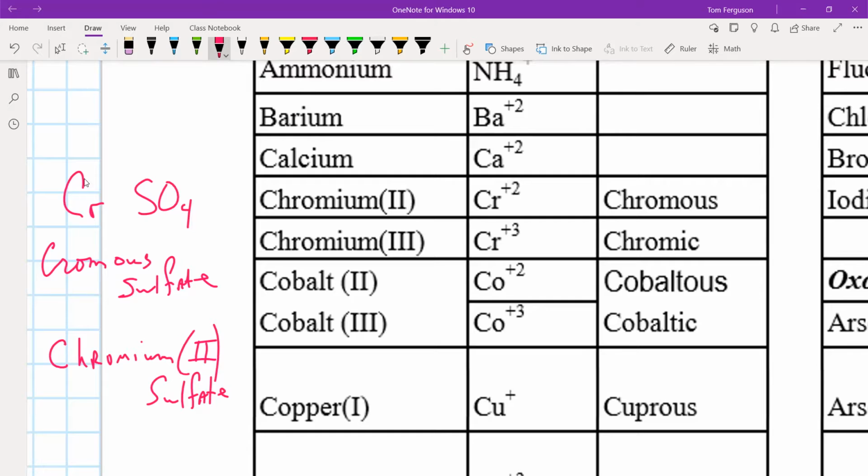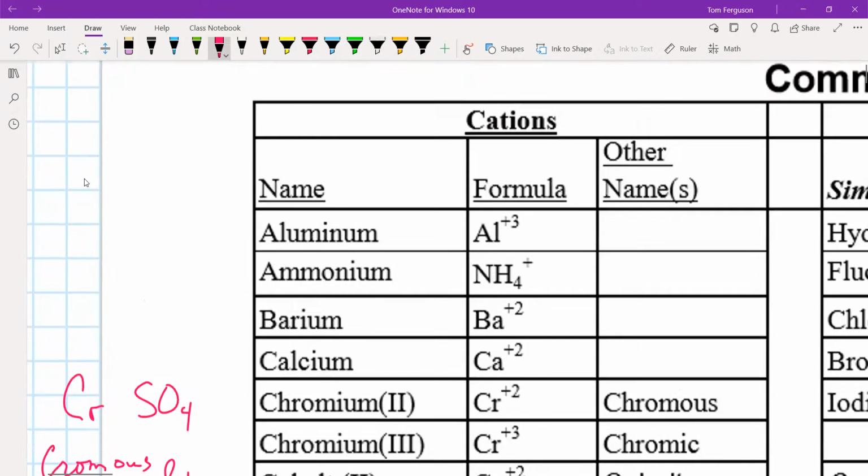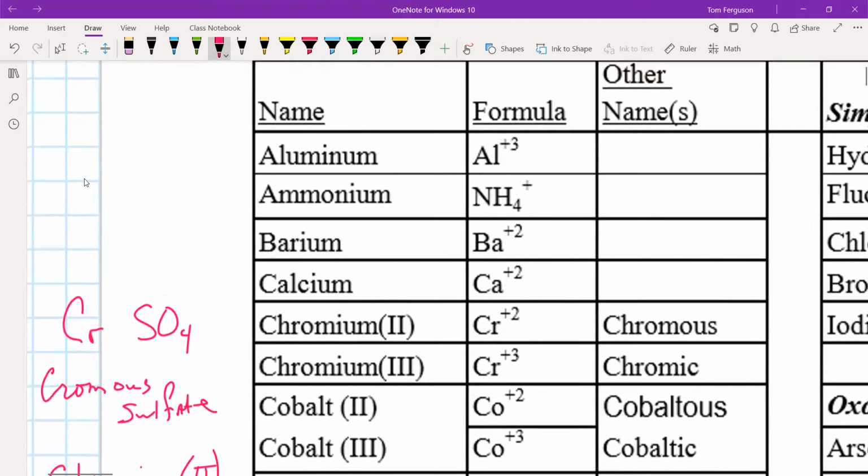I forgot where I was going with it. Oh yeah, all the cations except for 2 are monatomic. There's no polyatomic cations except for 2. One is ammonium, the NH4 plus.